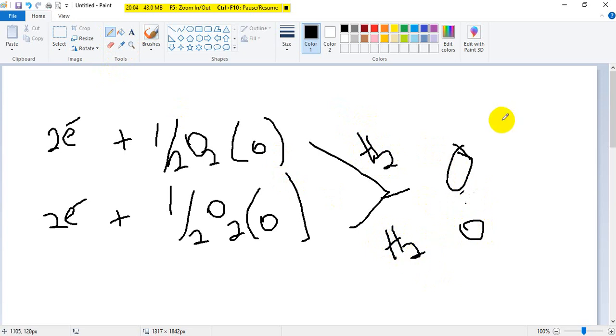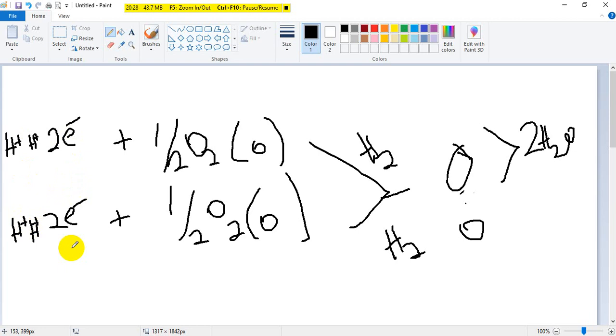So in the end we are producing 2 molecules of water. Here H will be 2: 1 proton here, 1 proton there, because the electrons are 2, so the protons are supposed to be 2. So 2 protons, 2 protons, 2 electrons, 2 electrons.